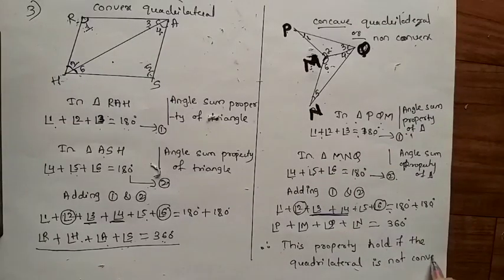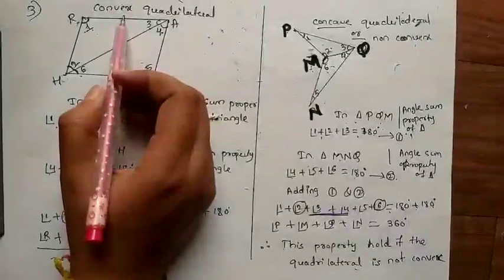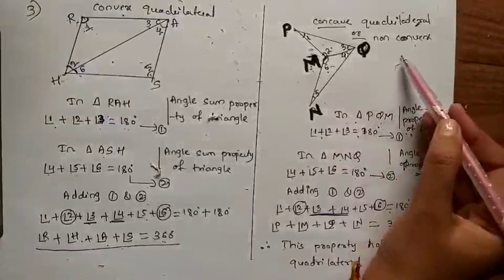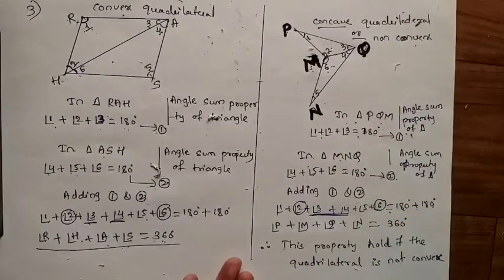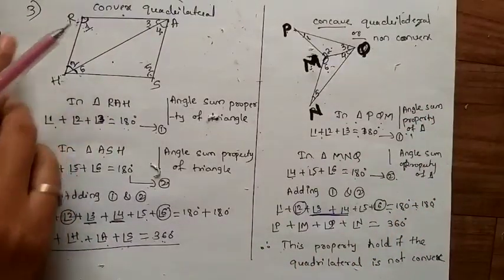Here not convex means a concave quadrilateral or non-convex quadrilateral. So the angle sum property of a quadrilateral holds for both convex and non-convex quadrilaterals.